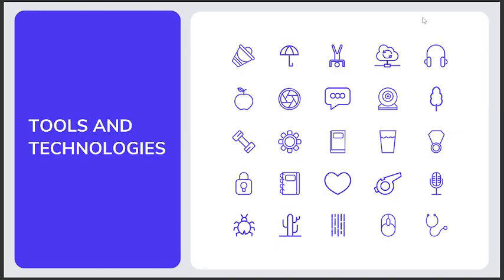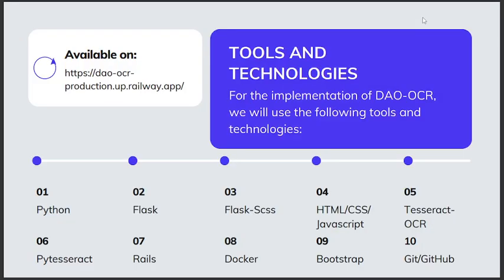Okay, so the tools and technologies used here are Python, first, the Python language, that's what we use. Then we use the Flask web app framework, and then Flask SCSS. When it comes to the front end side, we use HTML, CSS, and JavaScript.